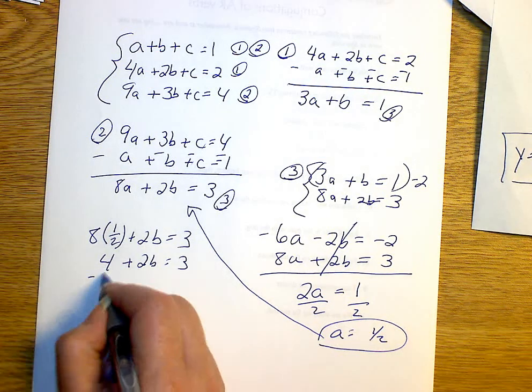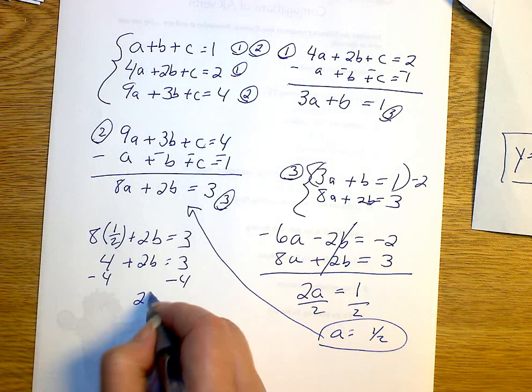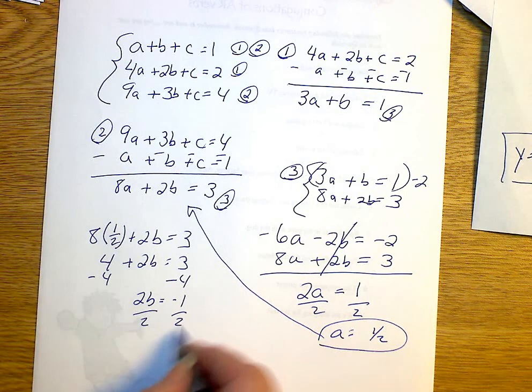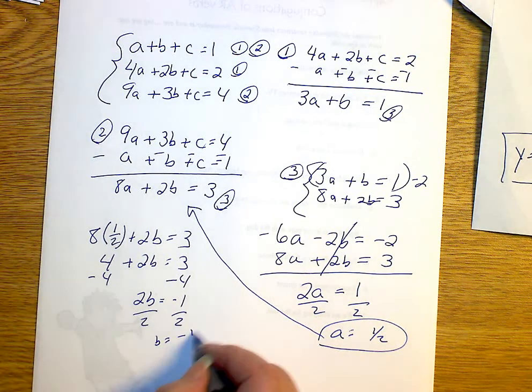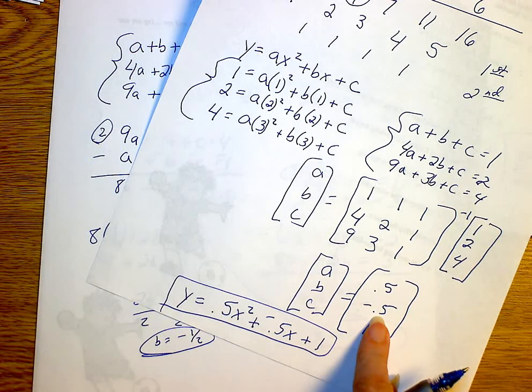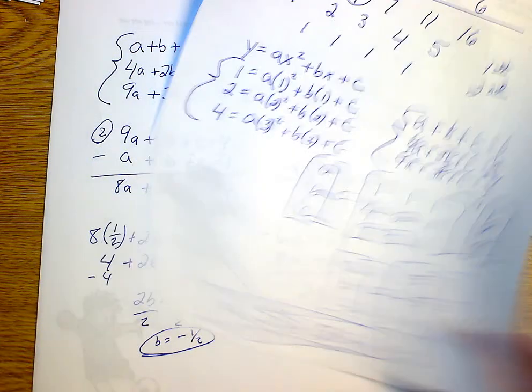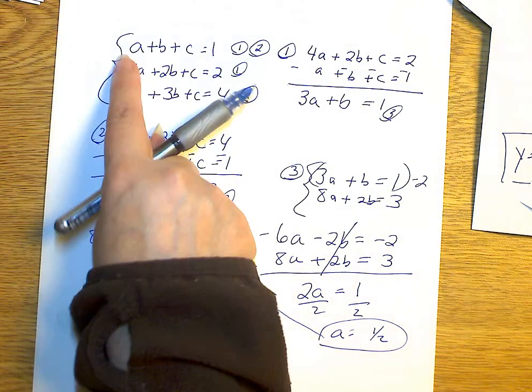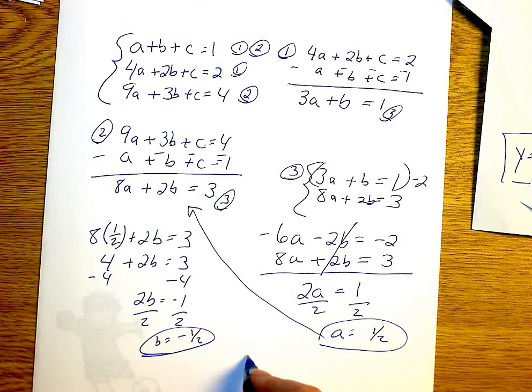Subtract the 4, so I have 2b is equal to negative 1, divide by 2, so b is equal to negative 1/2. And you can clearly see that b was what we got, negative 1/2.